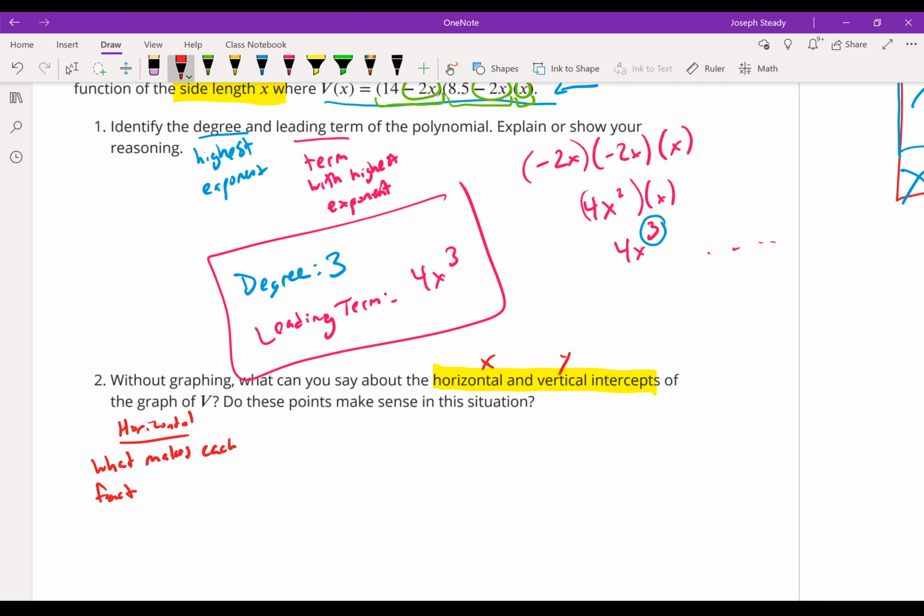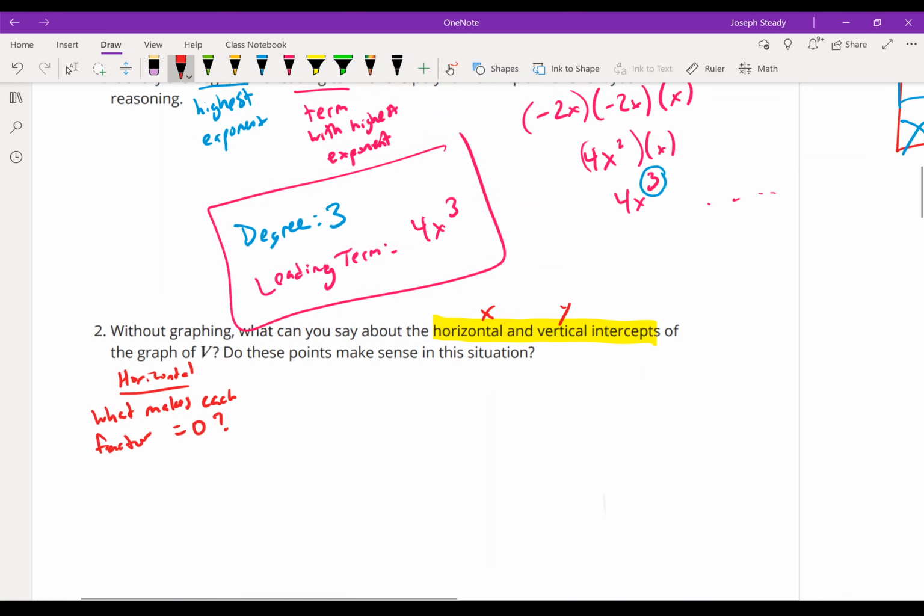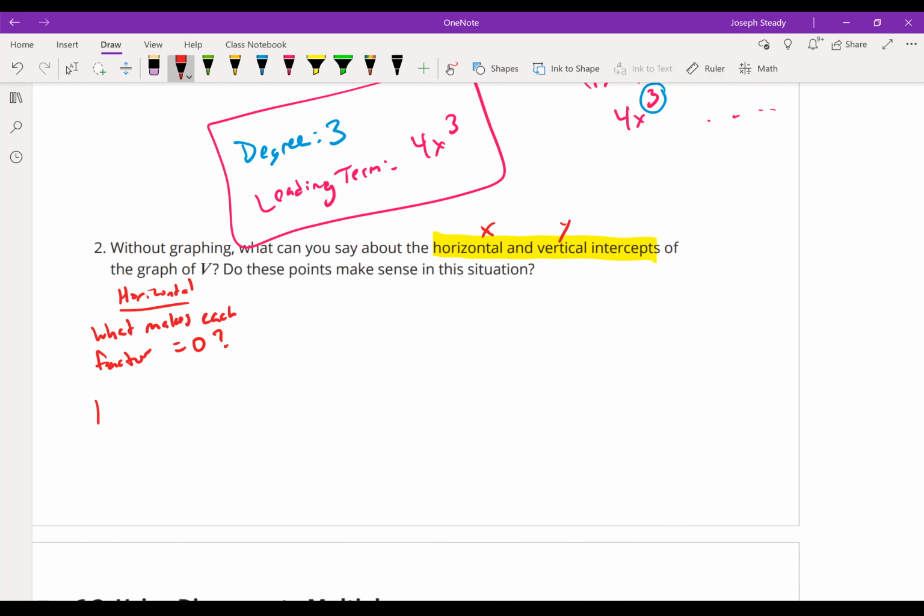So I'm going to do 14 minus 2x equals 0. What makes that true? I can subtract 14 from both sides, so I get negative 2x equals negative 14, and then divide both sides by negative 2, and we get that x equals 7. So that is one horizontal intercept. More specifically, it's (7, 0).